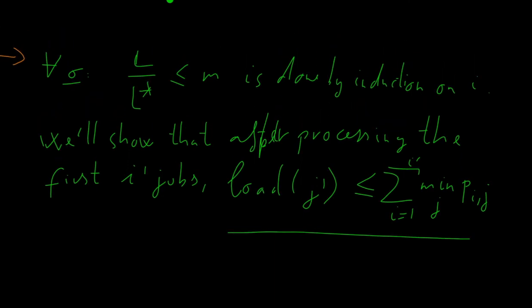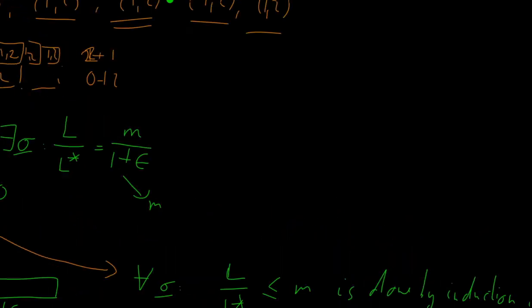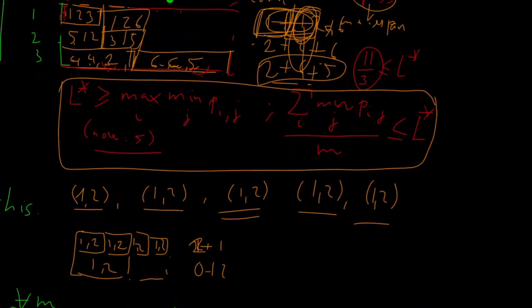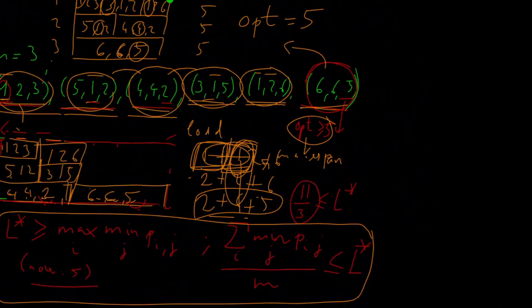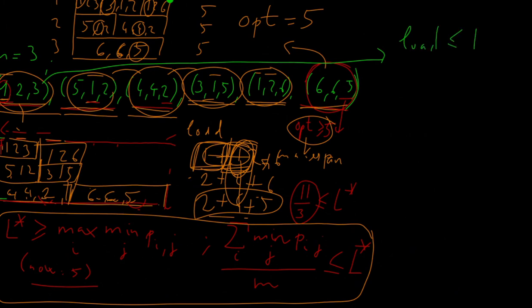Now, what does it mean? It means that, for example, in our first input, after processing the first job, the load on each machine will be at most 1. After processing the second, we will have that the load of each machine is at most 2, because we are just summing the minima here.